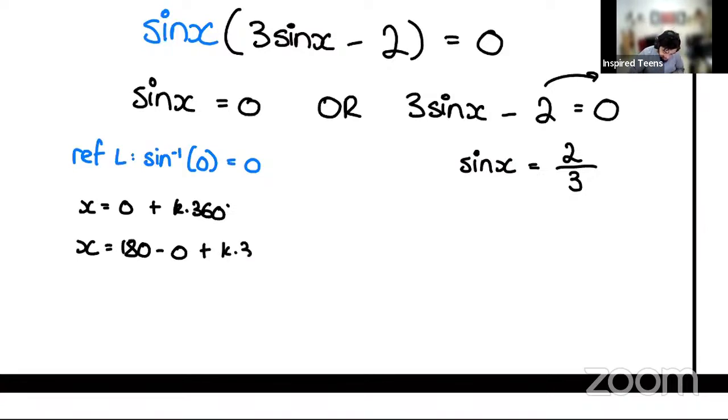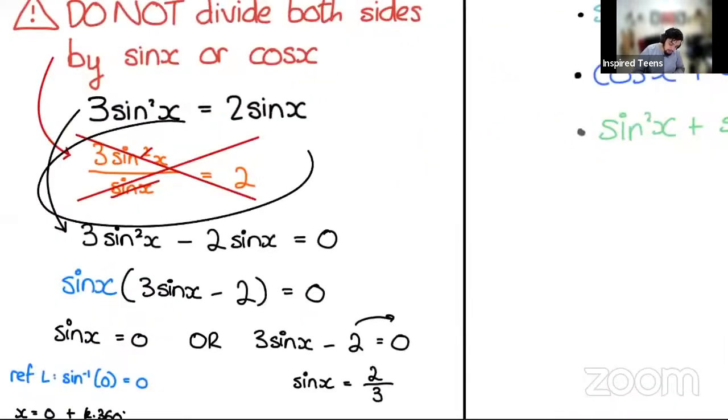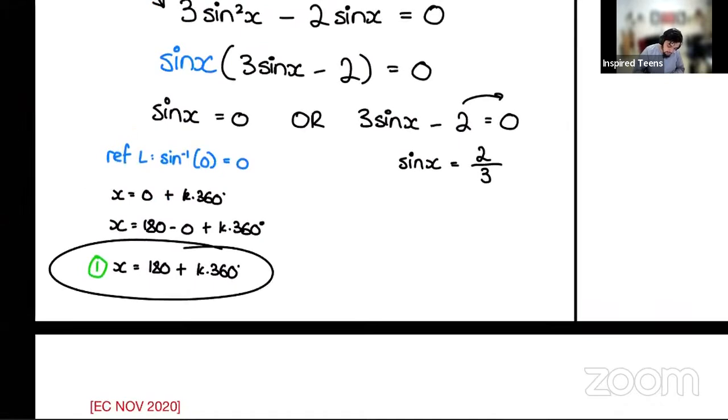So when you simplify this, you actually end up with just one general solution, and your general solution here is x is equal to 180 plus k times 360. So you do end up with one general solution from this one. And again, if you do the incorrect thing, you're not going to end up with this. You're going to miss that one out.